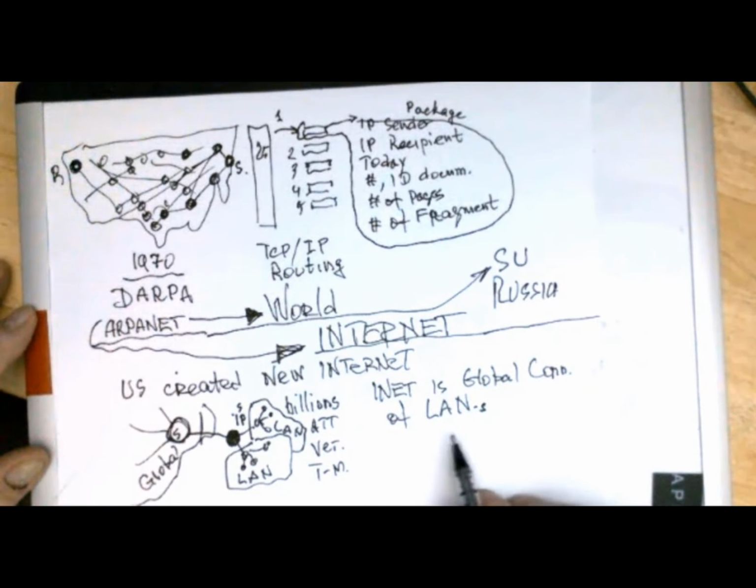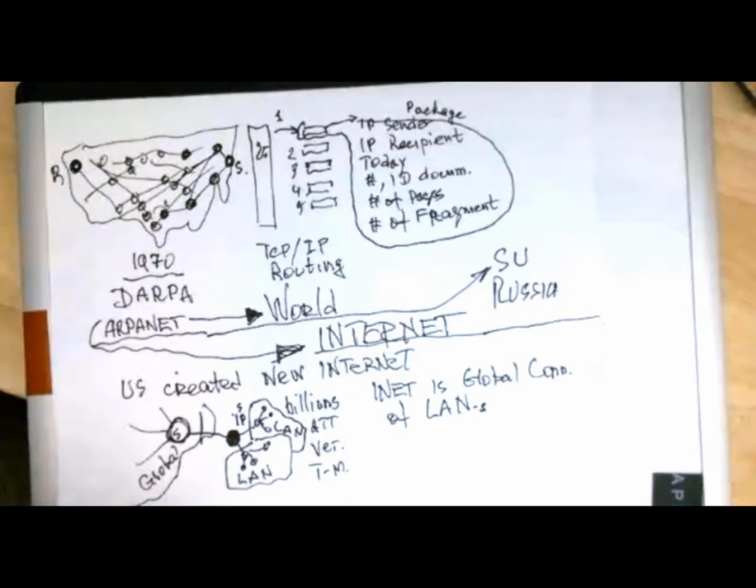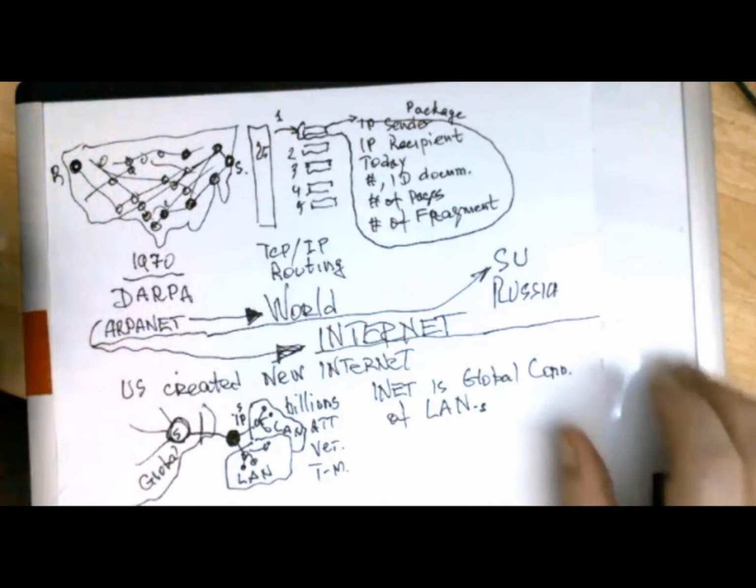Internet is a global connection of local area networks. So every local network, which actually contains your computer inside, when it connects to the internet, becomes a network where every computer has access to every computer in the global network.